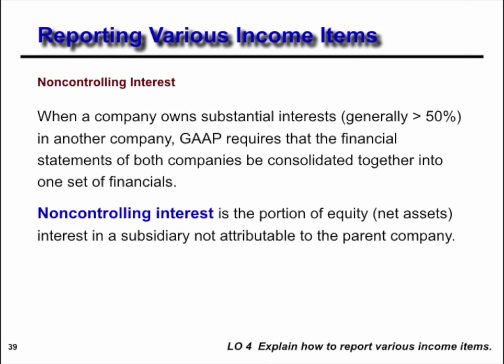Applying this concept to corporate owners, a non-controlling interest is the ownership interest in a subsidiary company, which is owned by outside investors and not the parent company. Generally, the minority interest in the subsidiary company is less than 50% of the total number of shares outstanding.